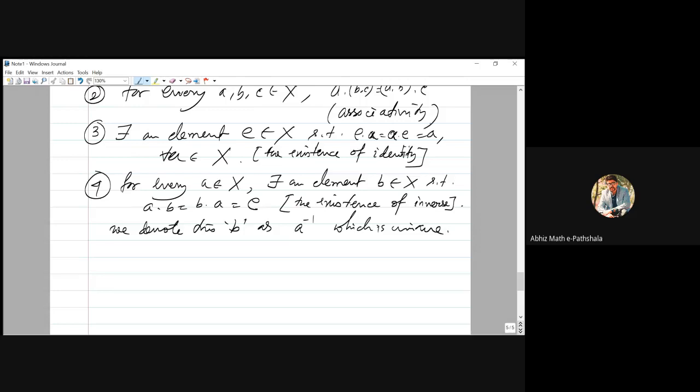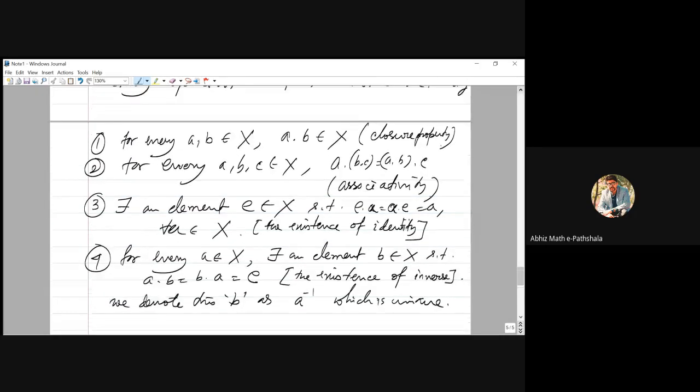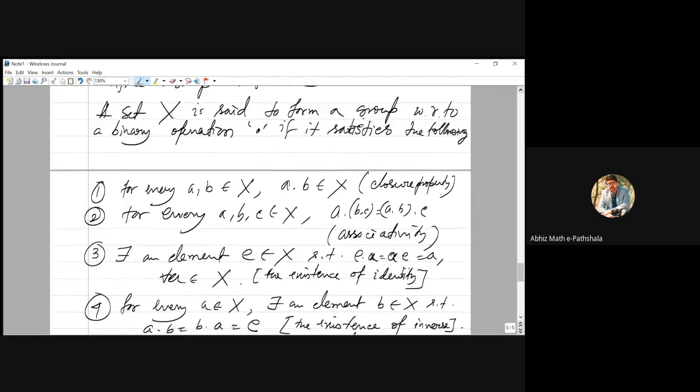So if you want to recap, then you can say that a set x is said to form a semigroup if it satisfies 1 and 2. It is a monoid if it satisfies 1, 2, and 3, and it forms a group if it satisfies 1, 2, 3, and 4.